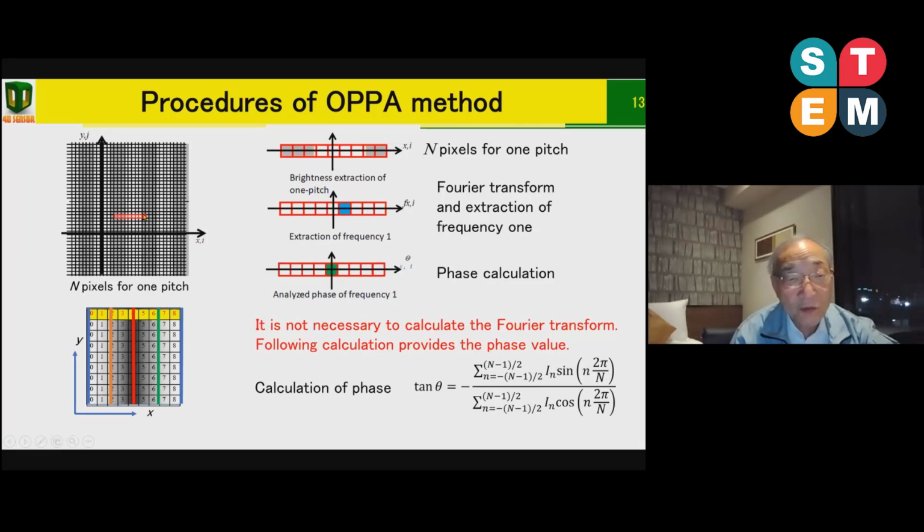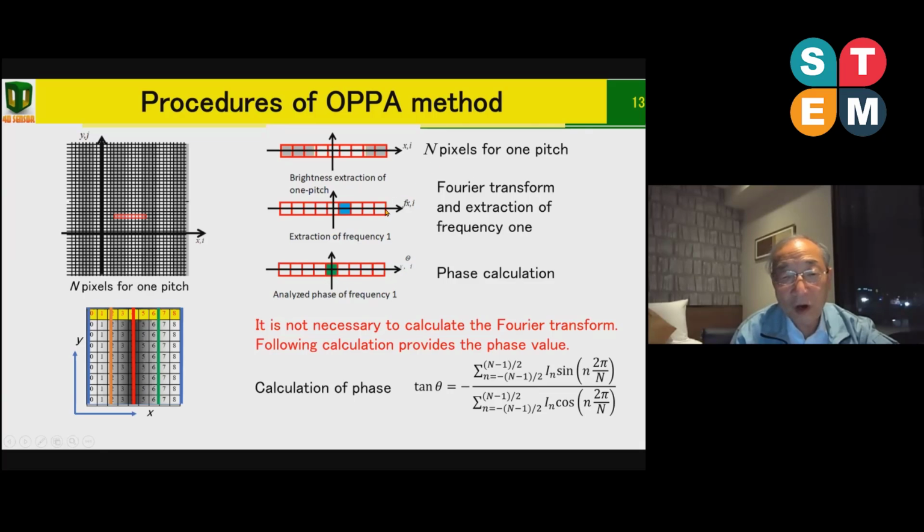Then we move this 9 pixels on the whole surface. Then we can obtain the phase distribution on the whole surface. From the phase value, we can calculate the height by using the last equation. So it's easy and very fast to analyze the phase value.